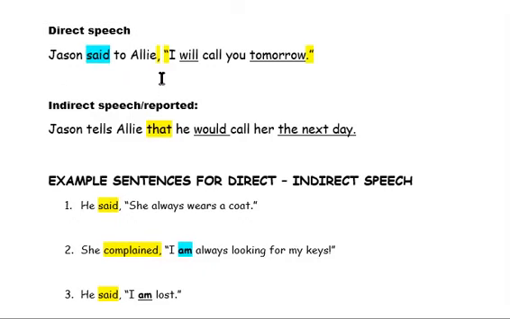Okay, and we don't call it an action verb, we call it an introductory verb. It's introducing what this person is going to say, what he's going to do, by telling you how he does this, right? So in this sentence here, Jason said to Ellie, can we see that the introductory verb, introductory means the beginning or the start of something, is said, all right?